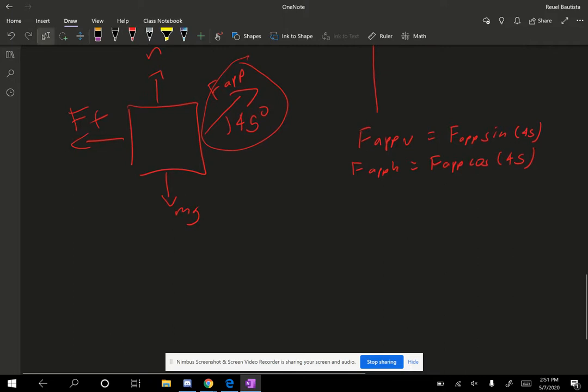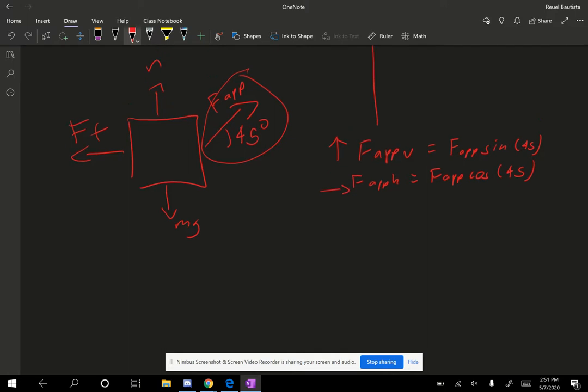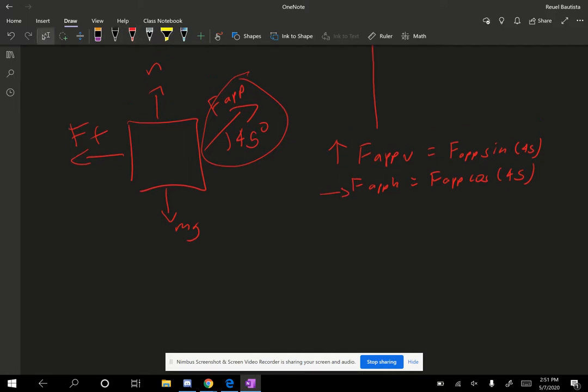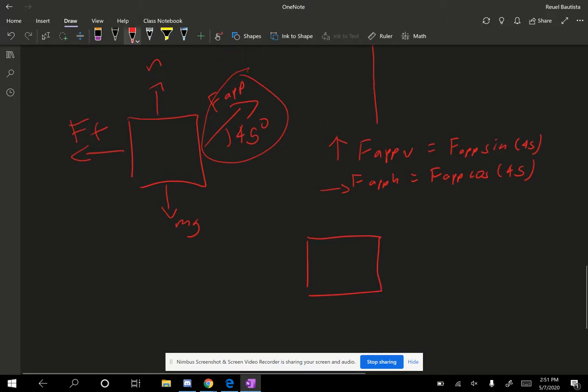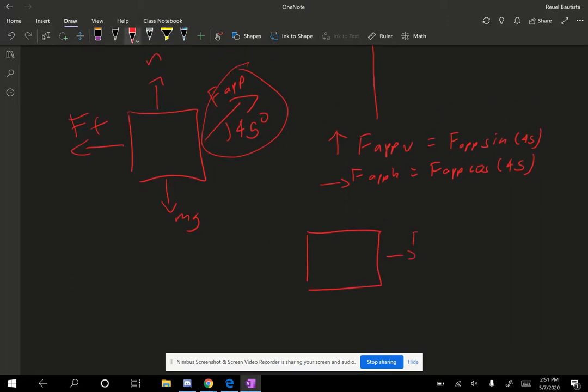Now, since we split up these forces, this is going to be the vertical force, this is going to be the horizontal force, we're now going to redraw the free body diagram. Make sure that you always redraw the free body diagram from this point. So this is split up: force applied horizontally, force of friction, normal force, and then the vertical component, force applied vertically, and again gravity.